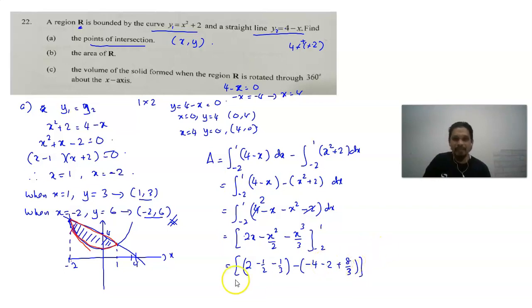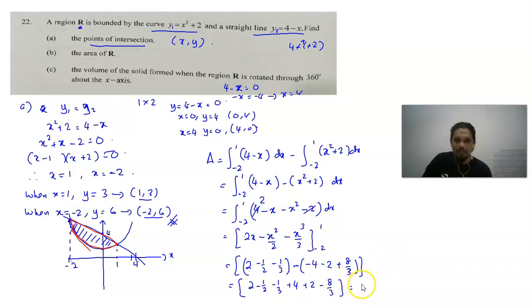Then 2 minus 1 over 2 minus 1 over 3, negative times negative, positive 4, negative times negative, positive 2, negative times negative 8 over 3.